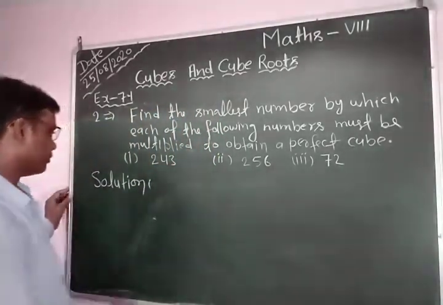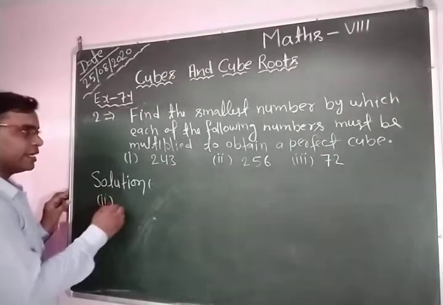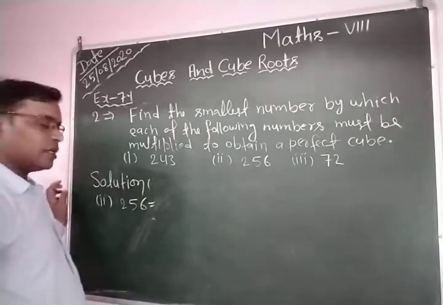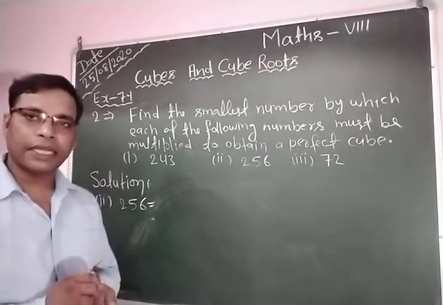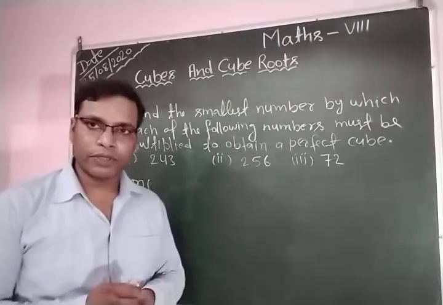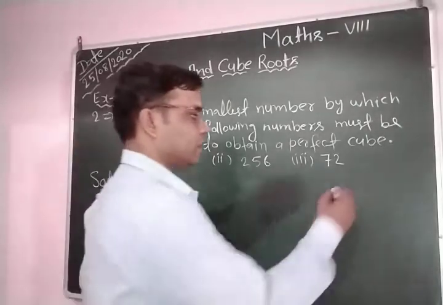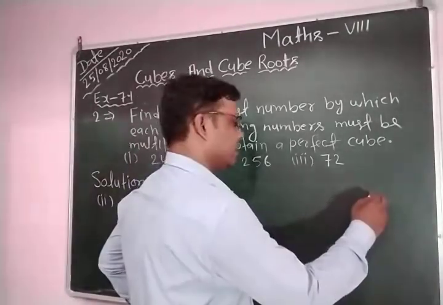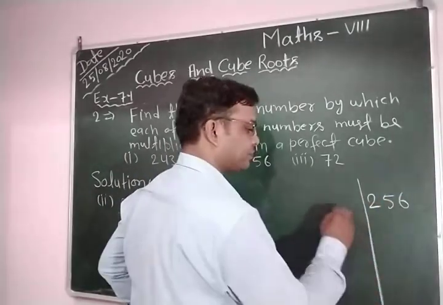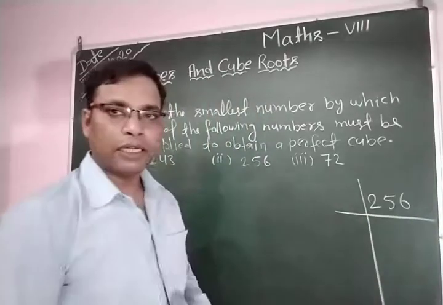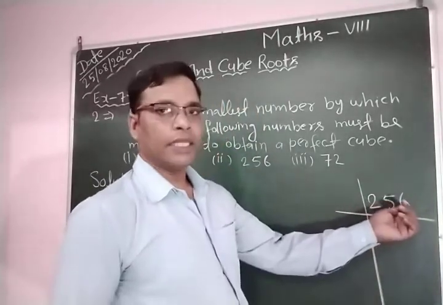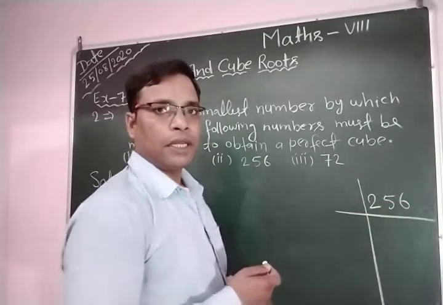First we write 256 and we express 256 as a product of prime factors. So how do we find prime factors? We use the prime factorization method. For prime factorization we write 256 and divide it by 2, because the unit digit is an even number, so this number is divisible by 2.